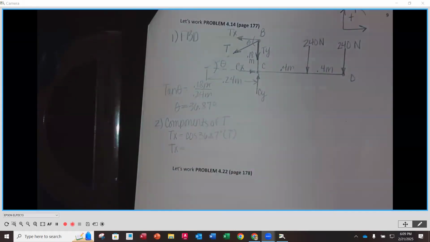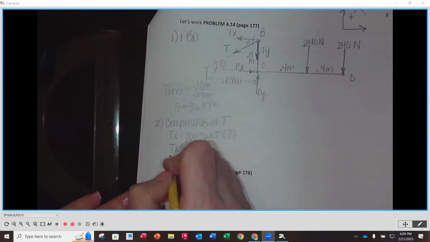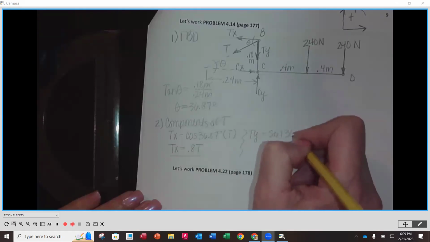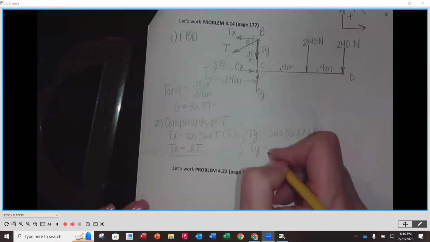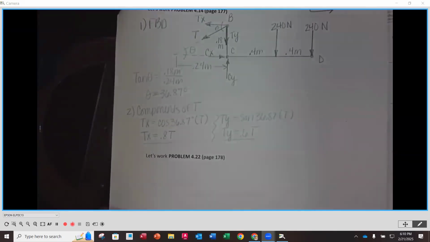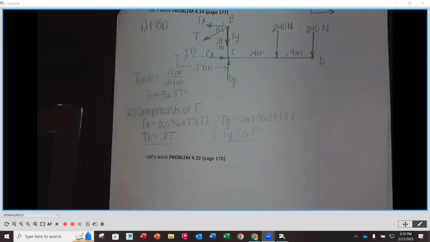I'll have to go on to another piece of paper. So we're going to put those X and Y components in terms of their hypotenuse, which is T.